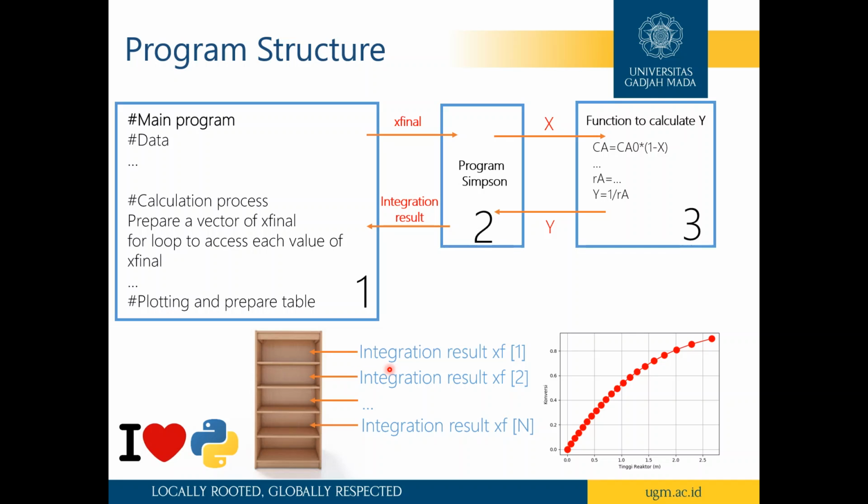And then similarly, when you get the integration result for xf2, you put it in the lower shelf, and so on until you reach the bottom of your vector. So finally, once you obtain this container, you can present it as a table or as a plot.